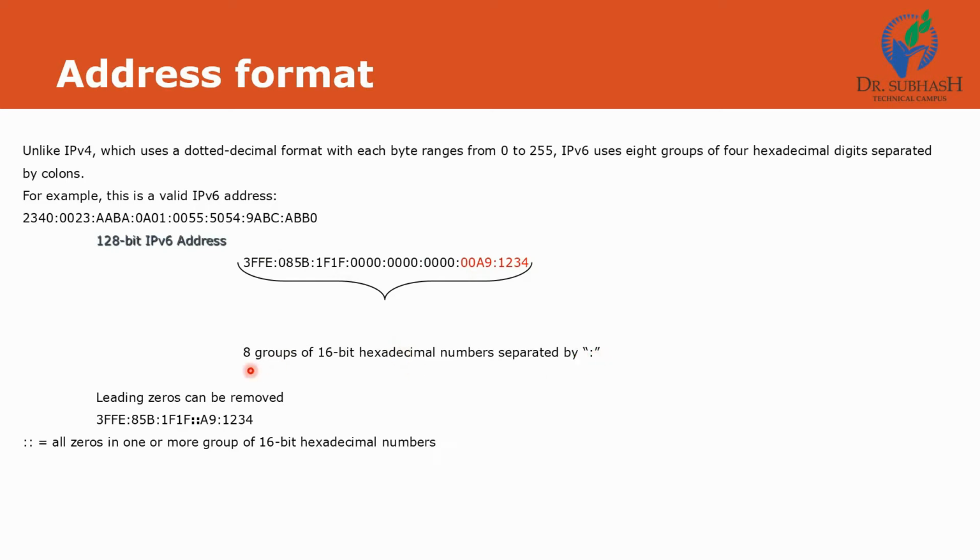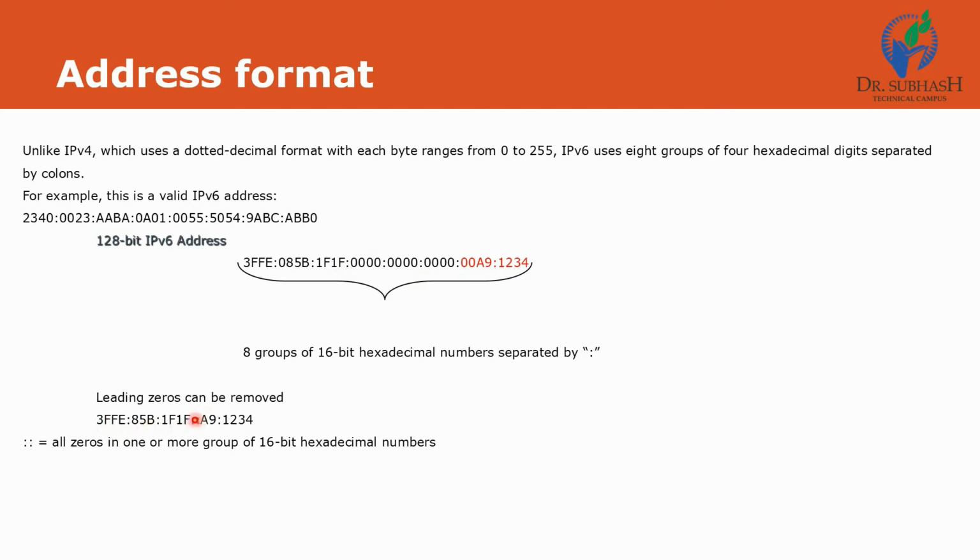Here is one technique we can use: if we have multiple zeros from the 4th part to the 7th part, then we can reduce the zeros. Leading zeros can be removed, and the updated IP address is like 3FFE:85B:1F1F:: and then A9:A1:2:3:4.